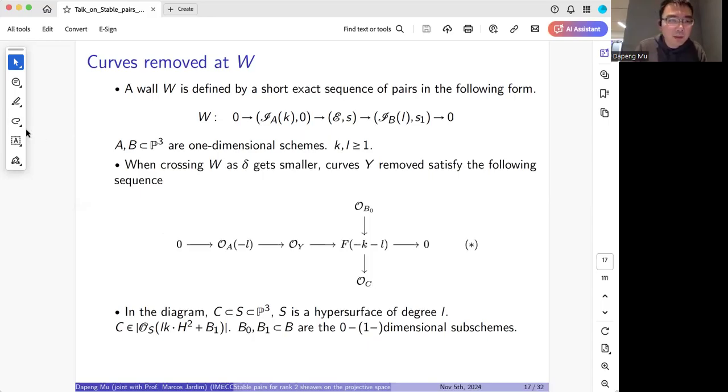For instance, this A is the same as the A here, it's a one-dimensional scheme.